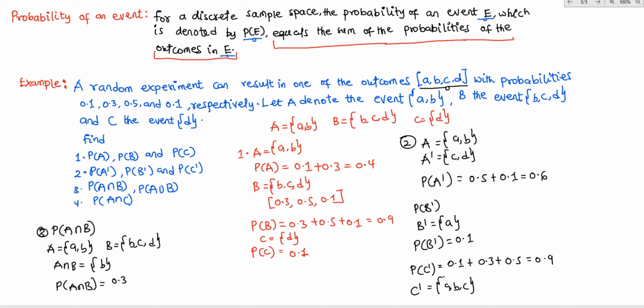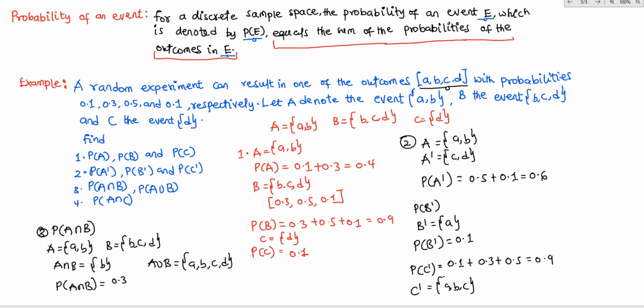Now let's find the probability of A union B. Before you can do that, we first have to find A union B. We are going to have A, B, C, D. So that would be A union B. You see that A union B is just the sample space. One thing you have to know is that the probability of all the events in the sample space should add up to 1.